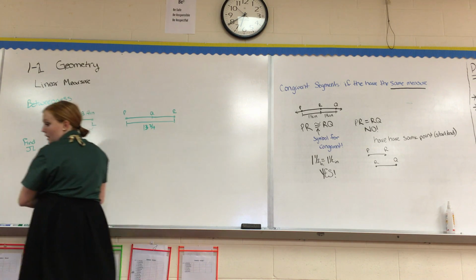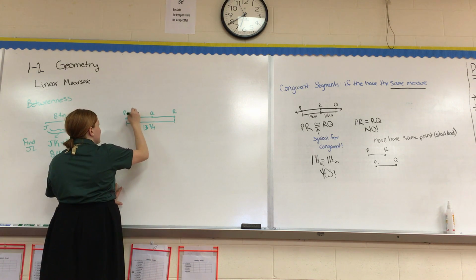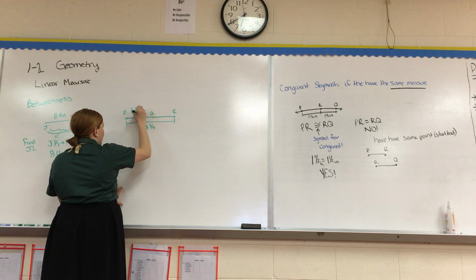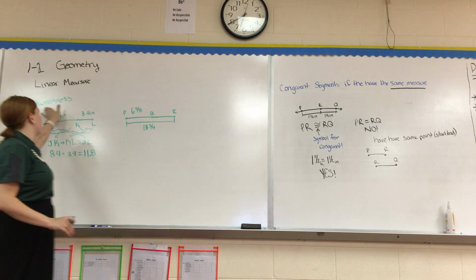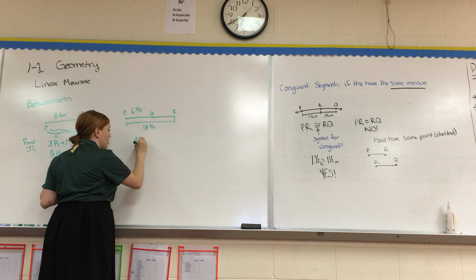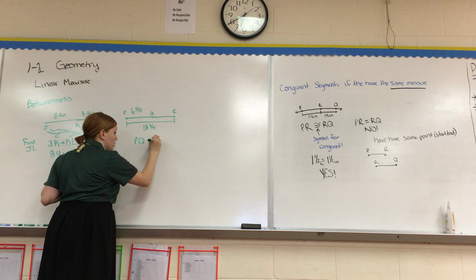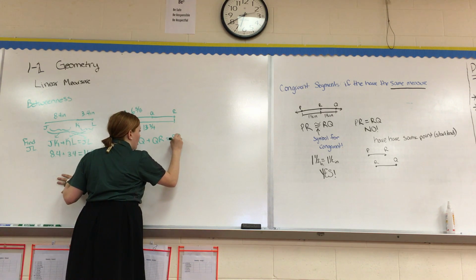And then P and Q is 6 5/8. Okay, now we really need to use this betweenness theorem right here. So we need PQ plus QR to equal PR.